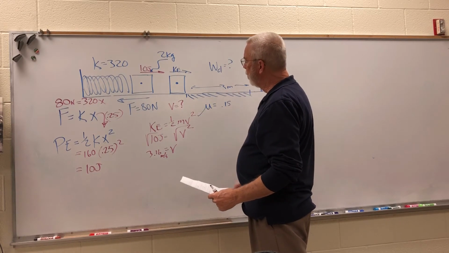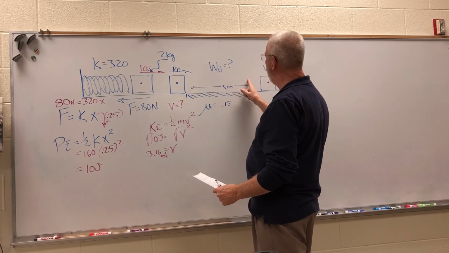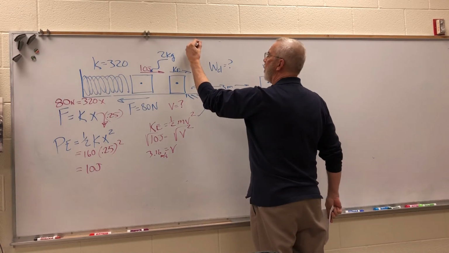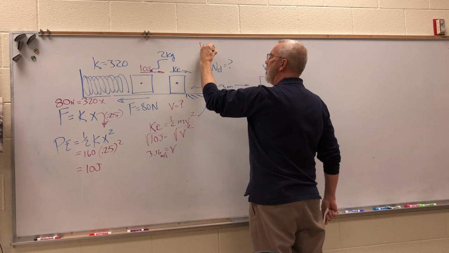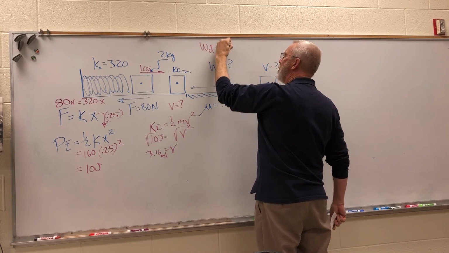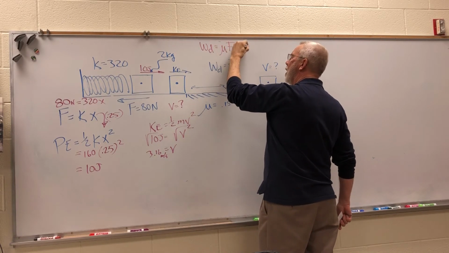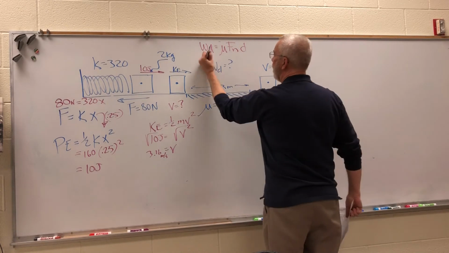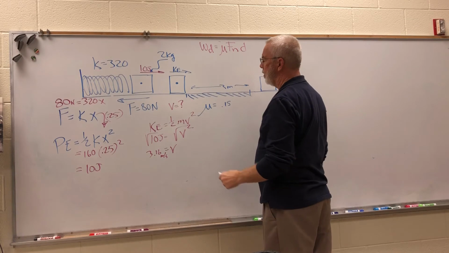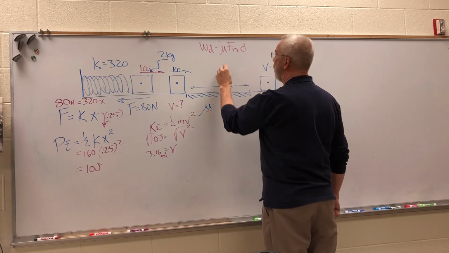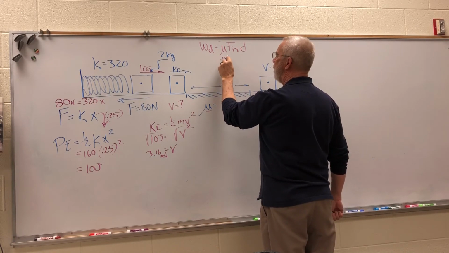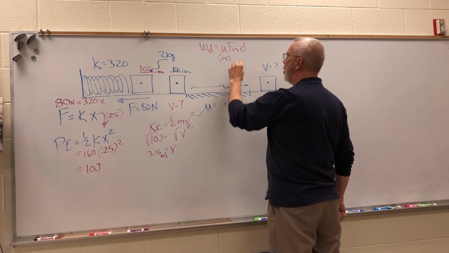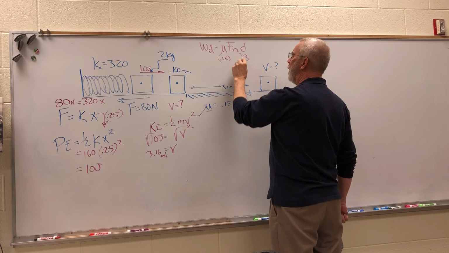The next thing we're interested in is how much work is done by the friction. Well, the formula for that is that the work done is equal to the coefficient times the normal force times the distance. Well, we have a good bit of that information already right there in front of us. We've got the coefficient of friction at 0.15 right there. We've got the distance across the friction as being 3.